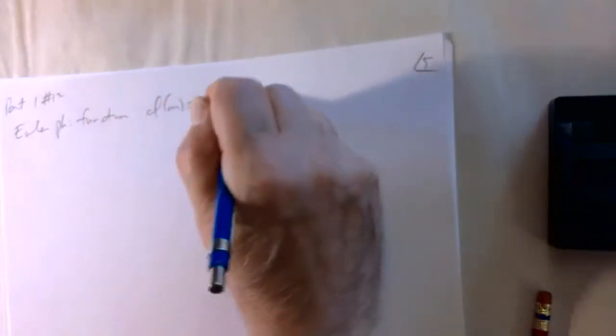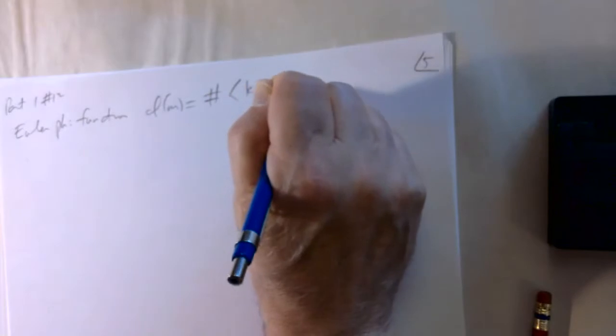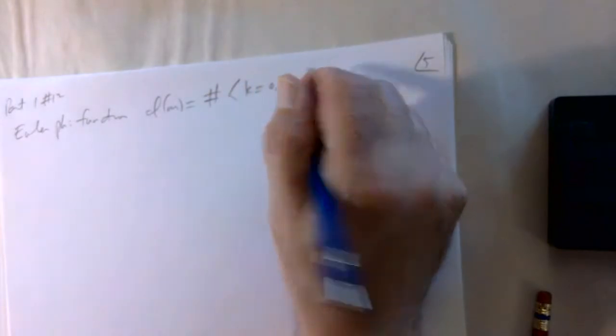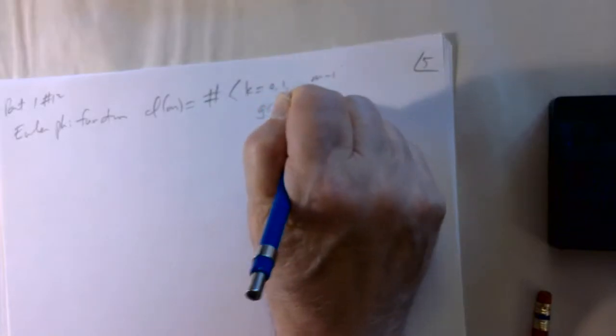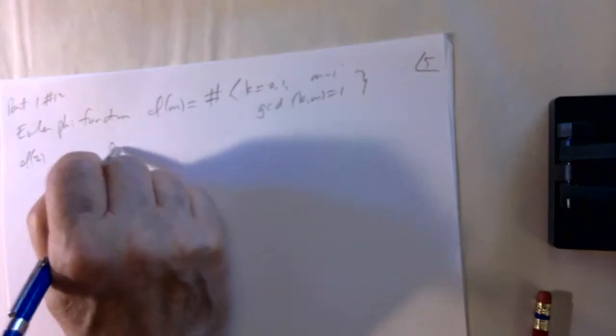Phi of m is the number of integers k from 0 to m minus 1, or you could say from 1 to m, where the greatest common divisor of k and m is 1. So for phi of 2, you look at the numbers 0 and 1.